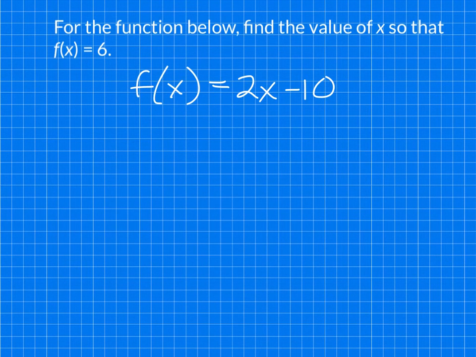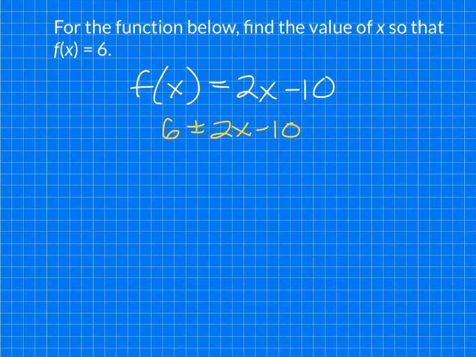Now, in some situations, we're going to want to find the input value. For the function below, find the value of x so that f of x equals 6. Now here they're telling us f of x, the output, is equal to 6. So we can just substitute 6 into our equation for the output. 6 equals 2x minus 10.